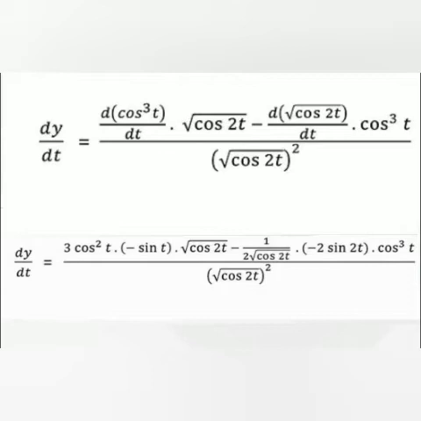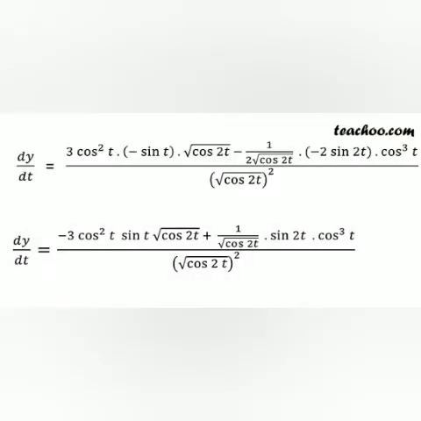Then again differentiation of 2t is 2, that gives you minus 2 sine of 2t. There is no change in under root of cos 2t in the first term of the numerator and cos cube t in the second term of the numerator, and also there is no change in the denominator.